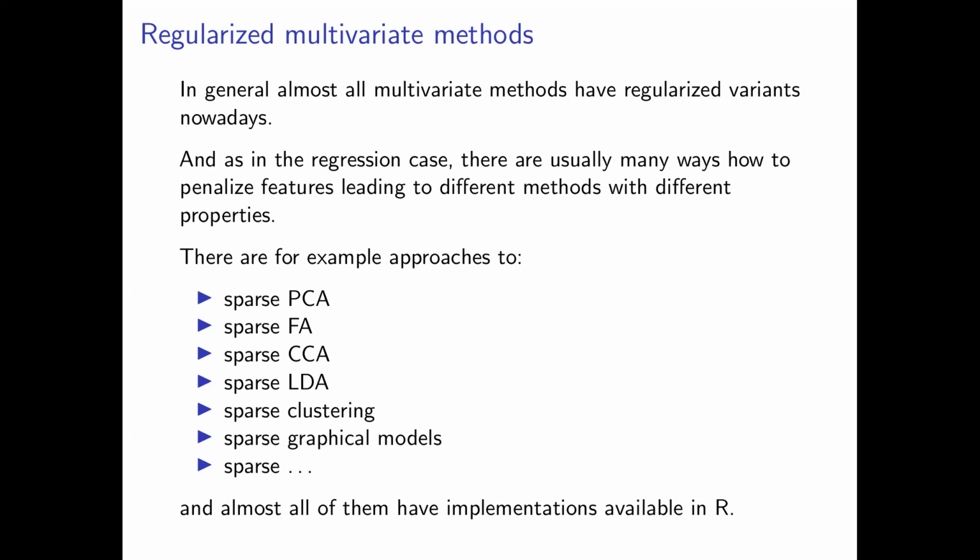Therefore sparse versions of PCA, of factor analysis, of canonical component analysis, of linear discriminant analysis, clustering, graphical models, all types of sparse things are available. A lot of them also implemented in R, and a lot of them are based on similar notions as the regularization ideas which we're talking about now.